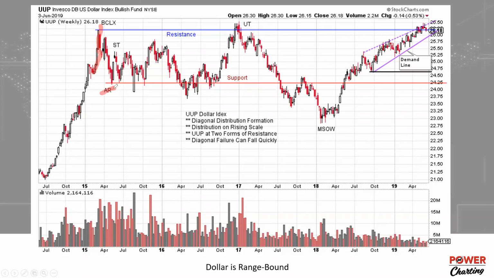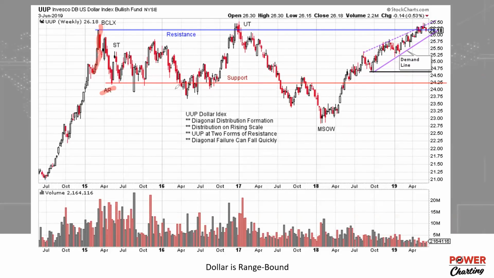Automatic reaction followed the buying climax, set a range-bound condition with a resistance line at the buying climax, support line at the automatic reaction, and thereafter it produced a range-bound condition. Notice how this range-bound condition has pretty well held all the way through.